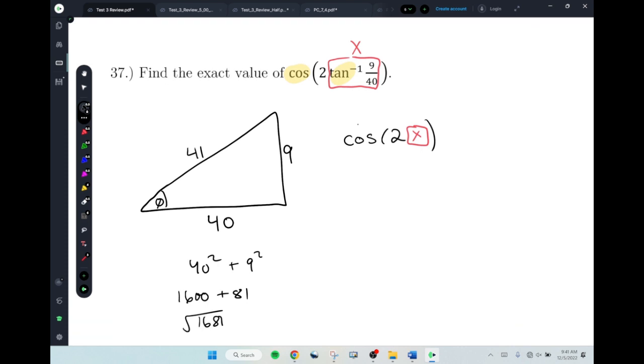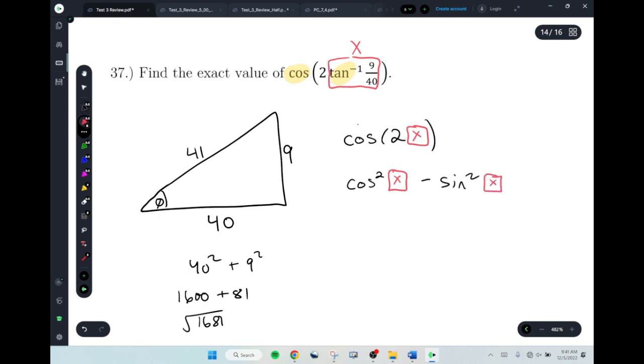Well, I know that turns into something, right? What does that turn into? Cosine squared, not of theta now, of what? Of this red box X, right? Minus sine squared of this ugly X. Oh, shoot. What is that ugly X pointing me to? This triangle.